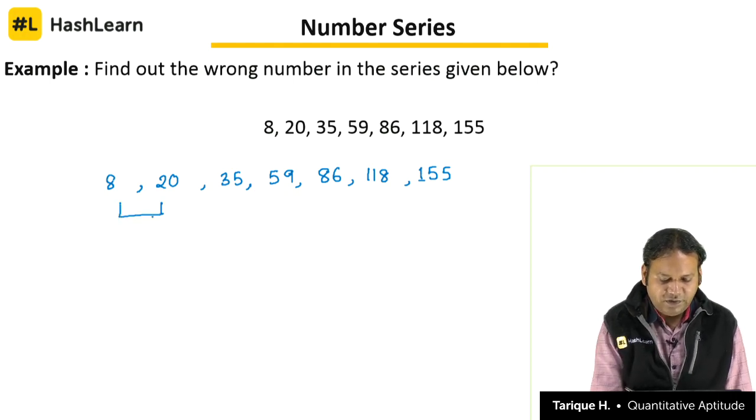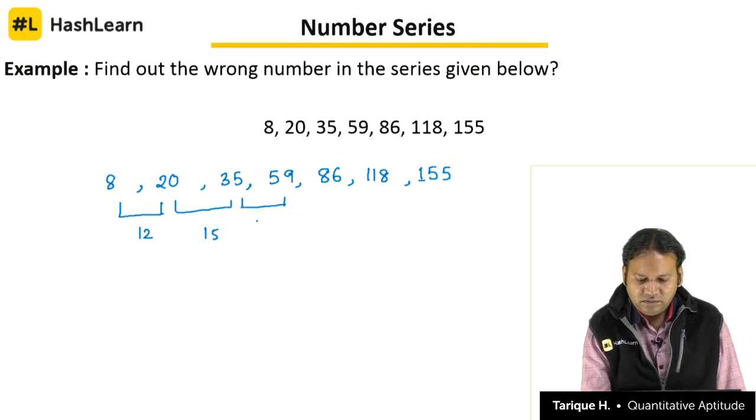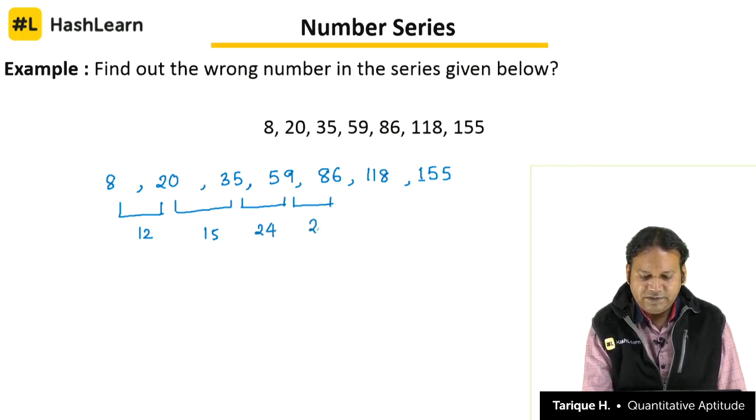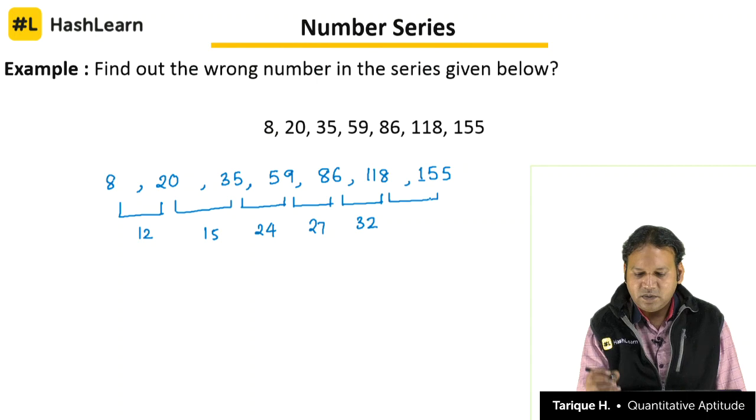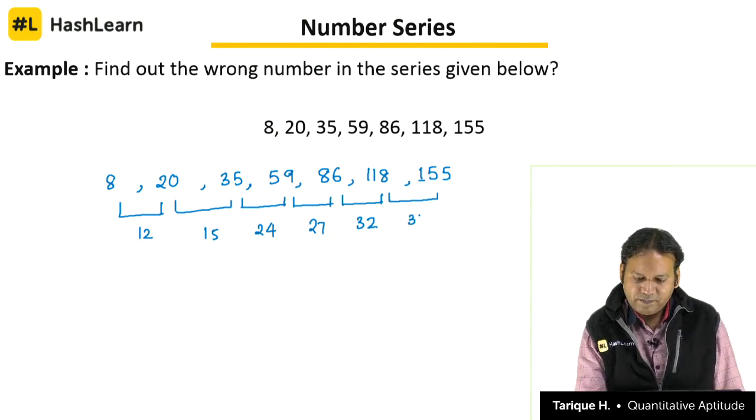Let's see the difference of 8 and 20. The difference of 8 and 20 is 12, and the next difference is 15, and then 15 plus 9, so that's 24, and here we have 27, and this is 14 plus 18, that is 32, and this is 32 and 5, so 37.